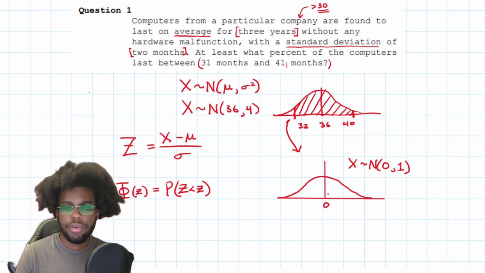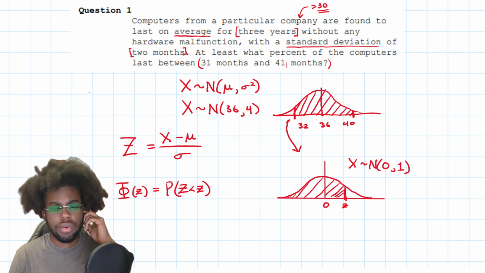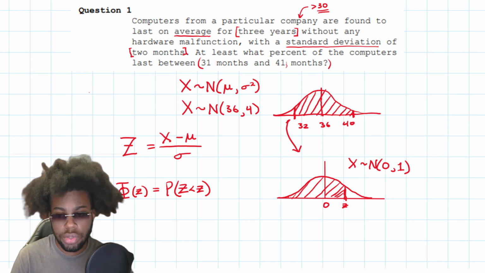So for any given value along here, let's say this is small z here, we'll be able to figure out what is the probability that the value we've put in is smaller than this. Or in other words, what is the area of everything to the left here? You can see how this would be of some use to us.